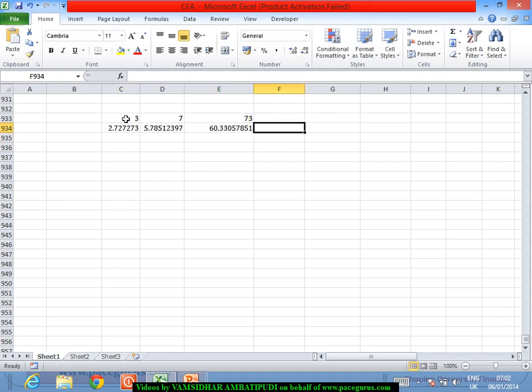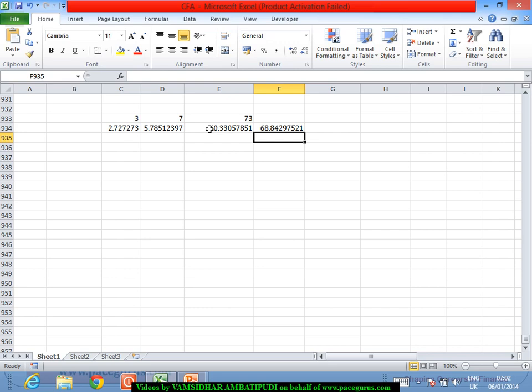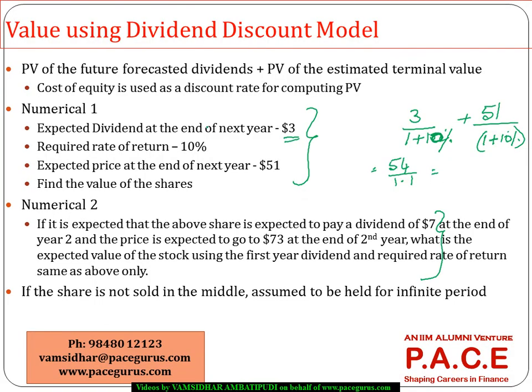The total value is the summation of all the future cash flows discounted to the present value. So 68.84 is the value of the equity of the stock, if I am using this dividend based discounting model.